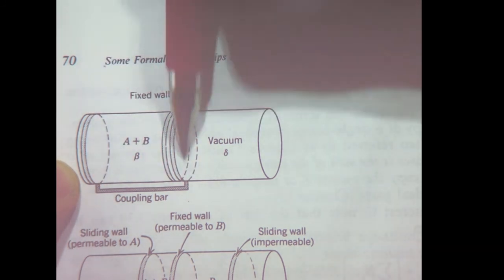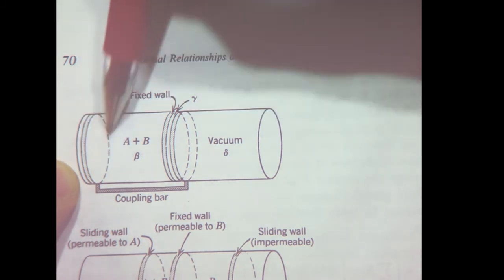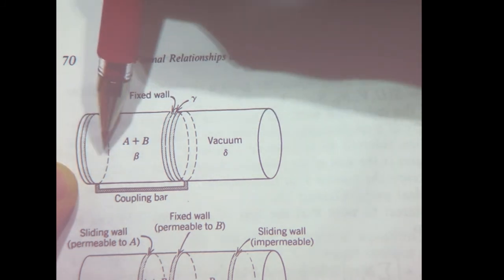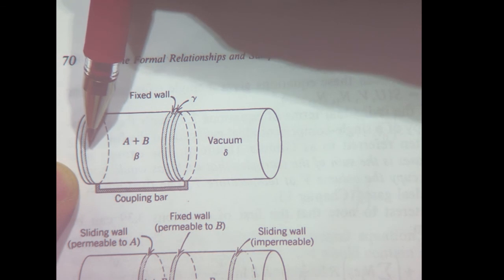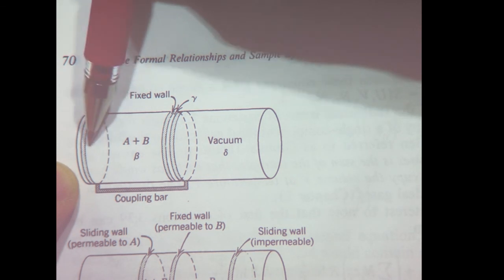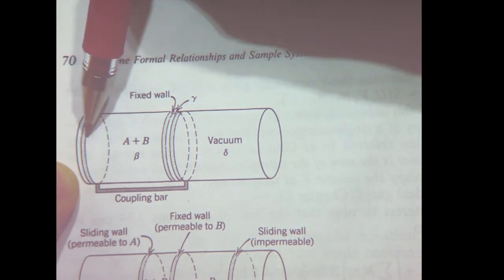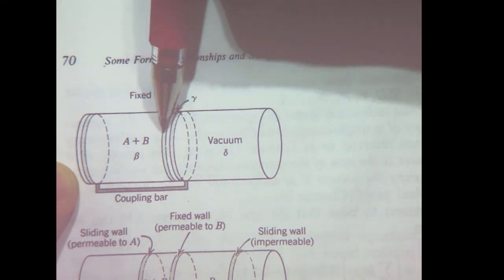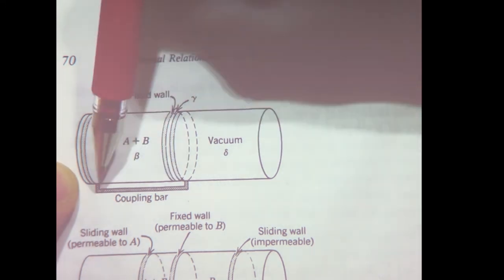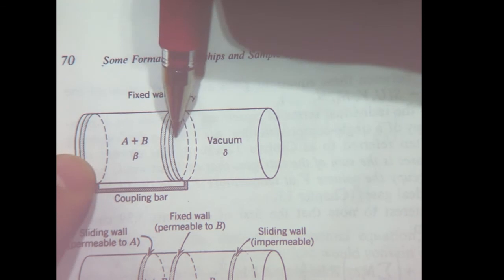One is penetrable only to the gas of type A, but not to type B. This middle partition is permeable to type B but not to type A, and the volume is going to be constant.